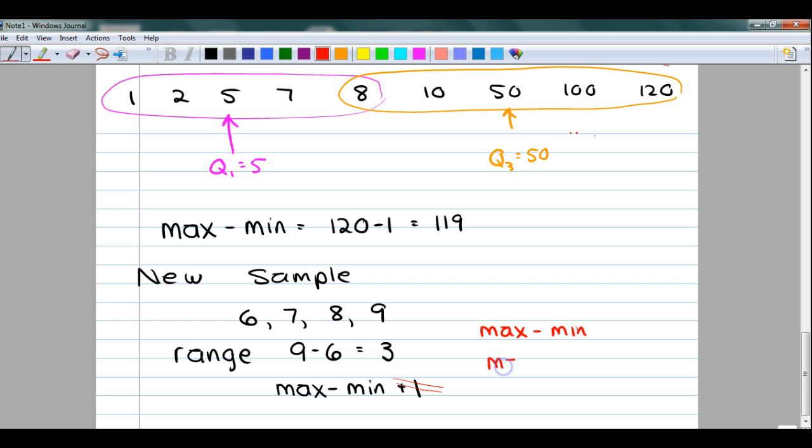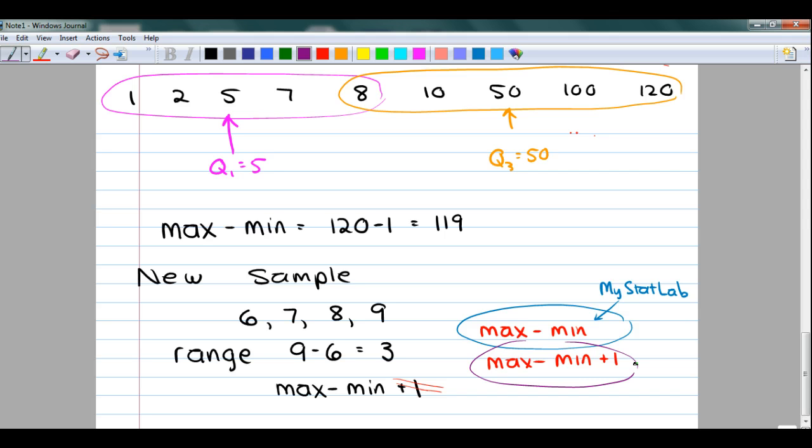Or is it max minus min plus 1? My stat lab is going to use this method, and it's a fine method. If you're really, really precise, you should probably do it that way. It's your choice. And that concludes Dispersion Part 1.